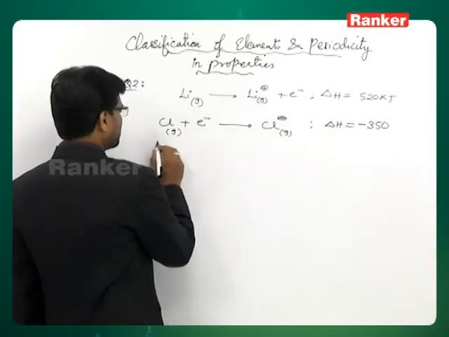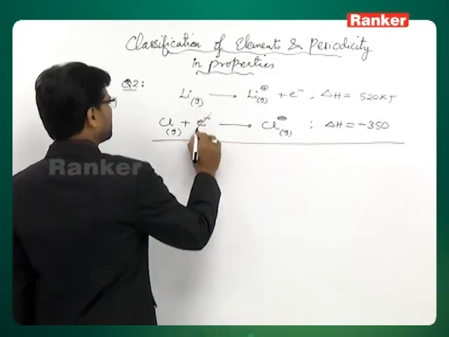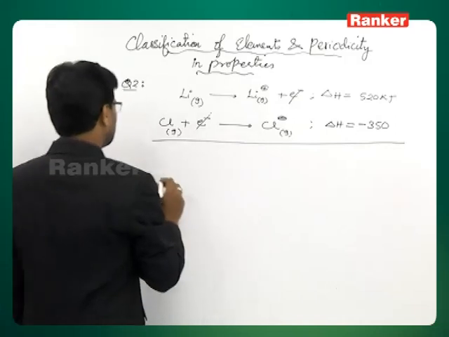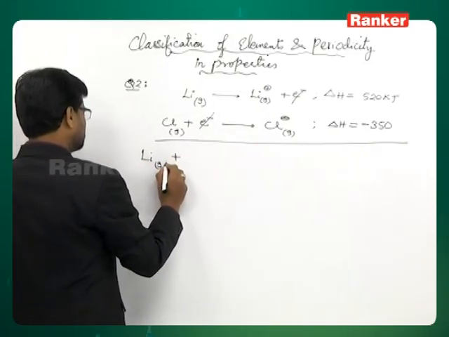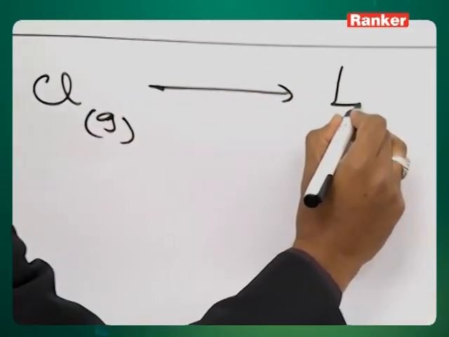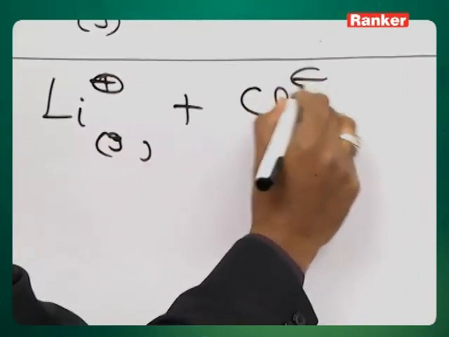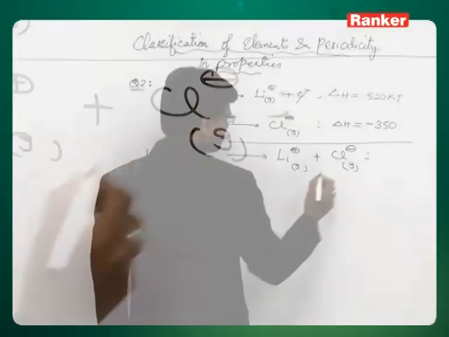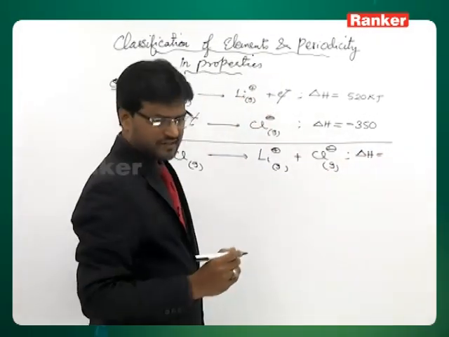If you add these two thermochemical equations, the electrons get cancelled out. So, you get Li gas plus Cl gas gives rise to Li plus gas plus Cl minus gas, and the delta H for the overall process comes out to be 170 kilojoules.